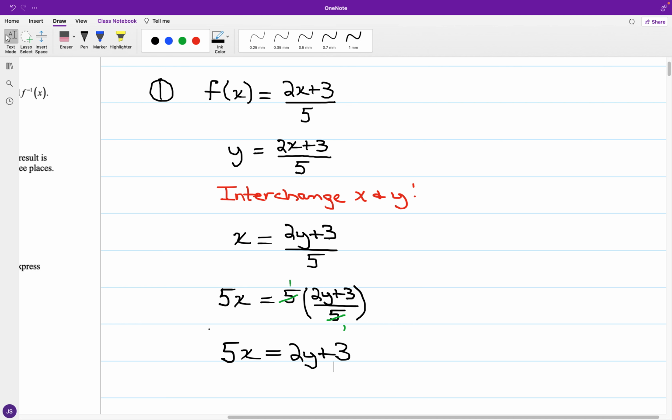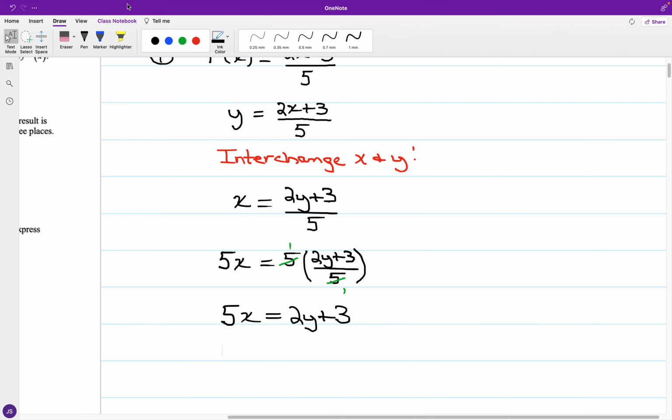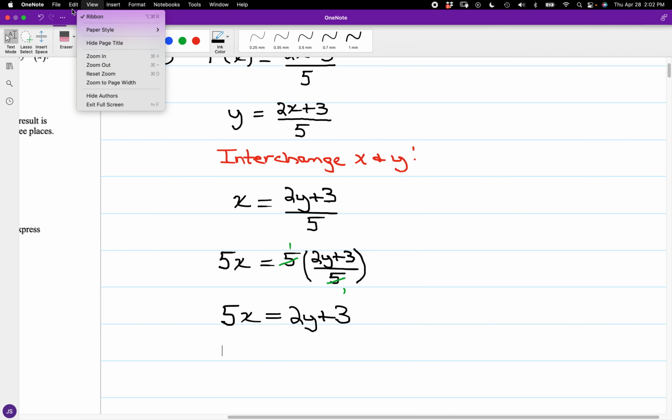Solving for y, I'm going to isolate the y term, which we have with 2y, upon subtracting 3 on both sides.